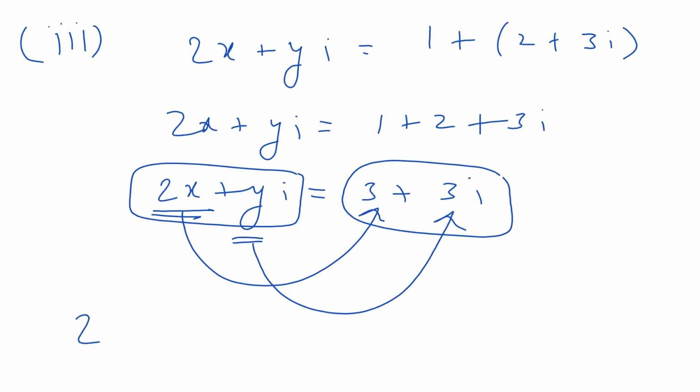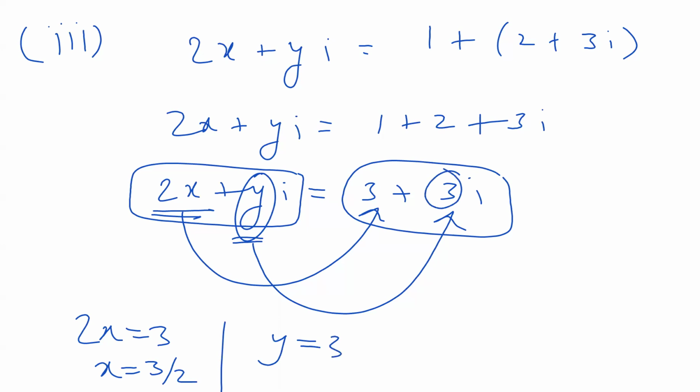So compare the real part. Real part is 2x, that is equal to 3. So x = 3 by 2. Imaginary part is y = 3. Fine. And the fourth sub question also I can give you for your own practice. Okay, so let us proceed with the next problem.